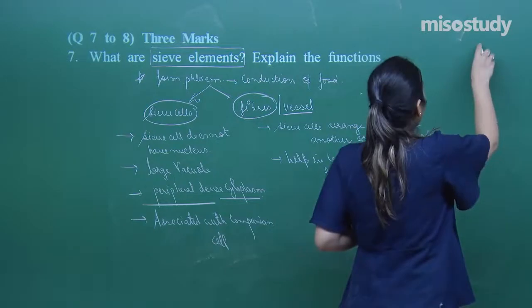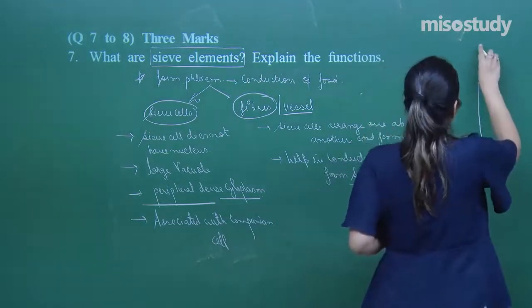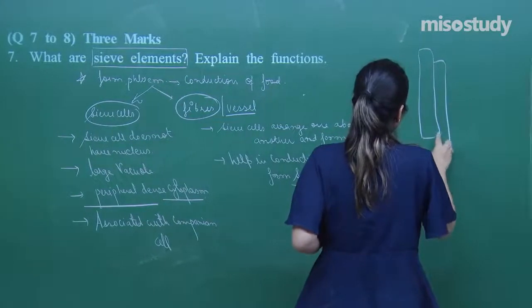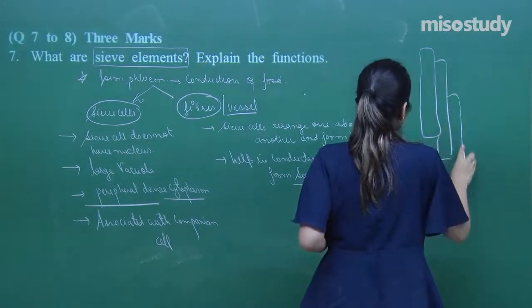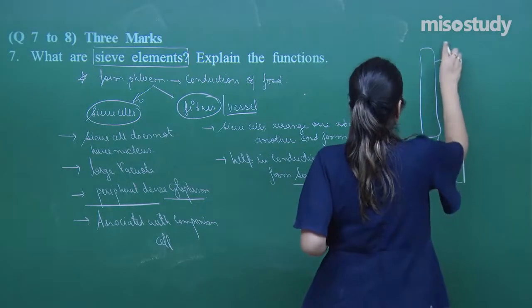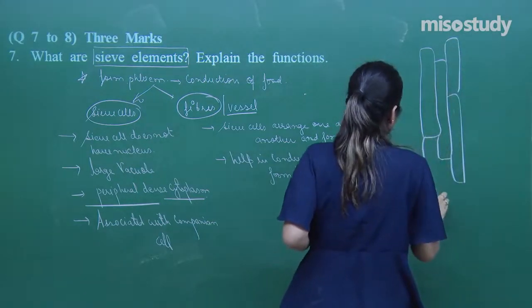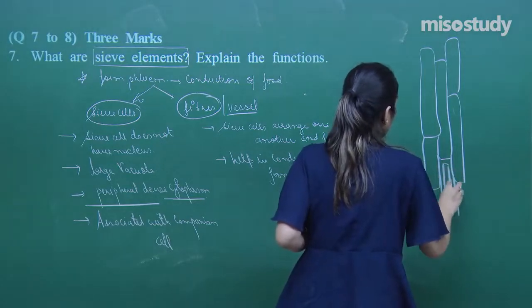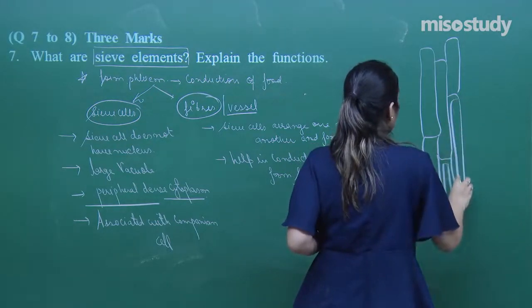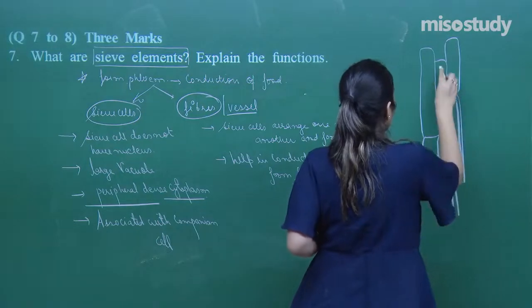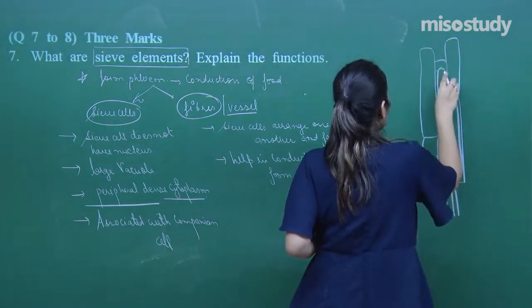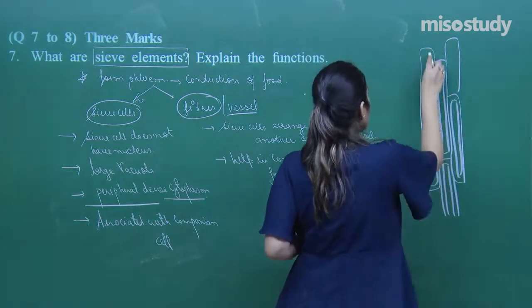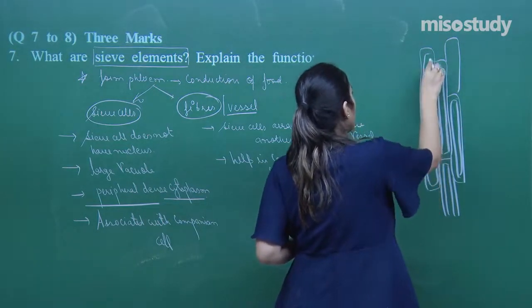So in this case you have to draw a diagram as well. This is how the sieve cells are arranged one above the other.